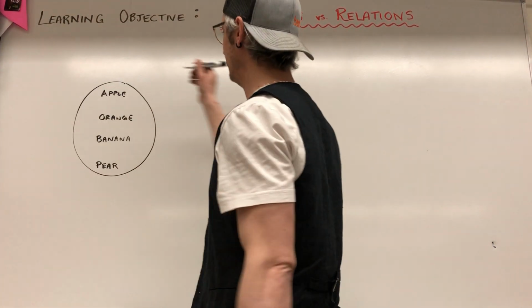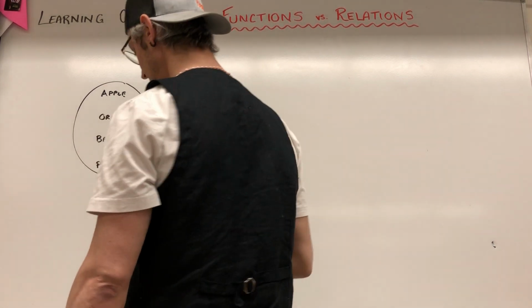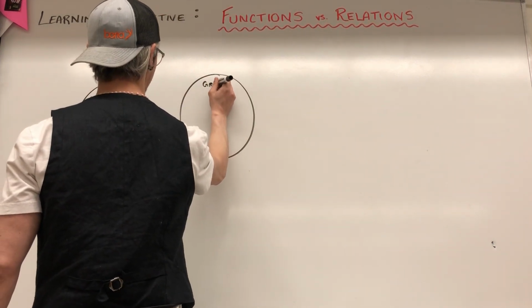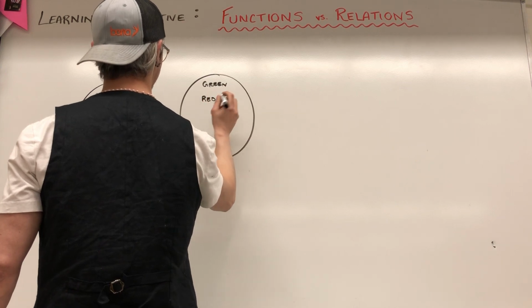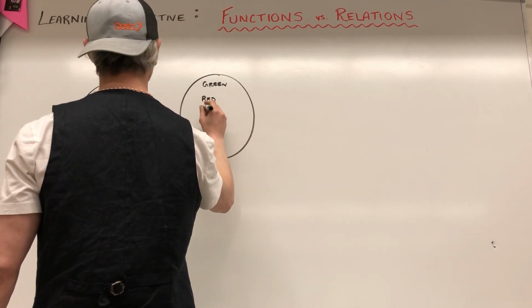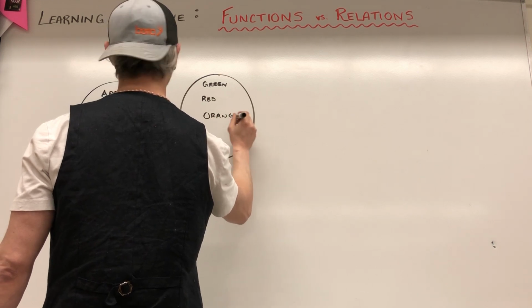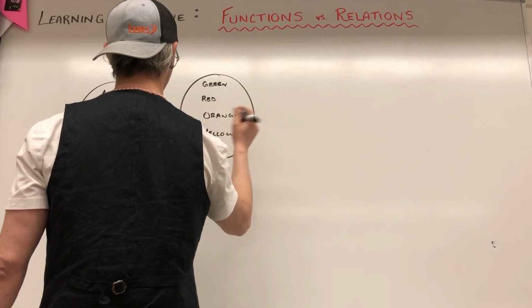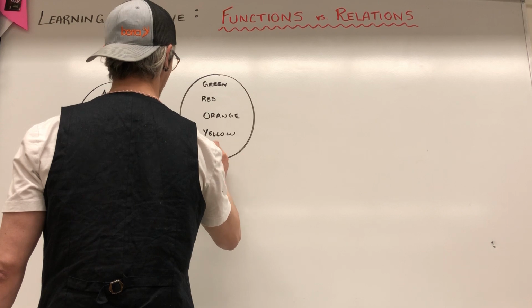That's my first column. The second data set is going to be the color: green, red, orange, yellow, and we'll say purple.